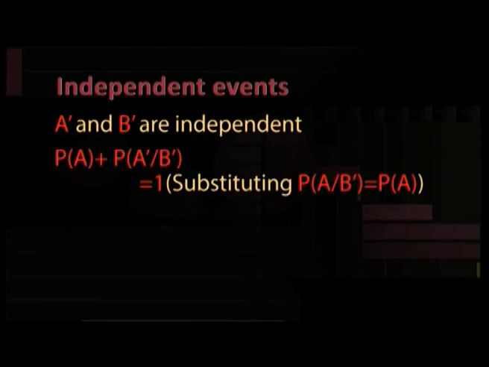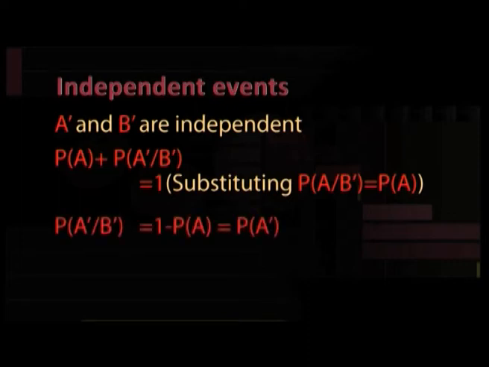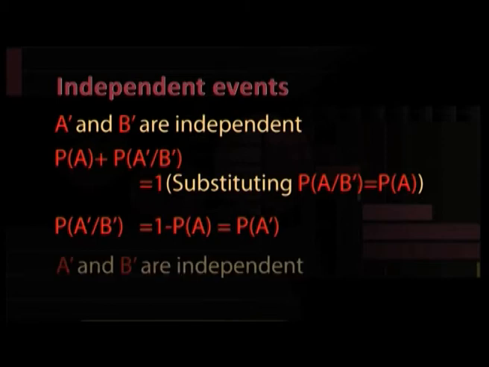Probability of A plus probability of A complement given B complement is equal to 1. Substituting, probability of A given B complement is equal to probability of A implies that probability of A complement given B complement is equal to 1 minus probability of A, which is equal to probability of A complement. Hence, A complement and B complement are independent.